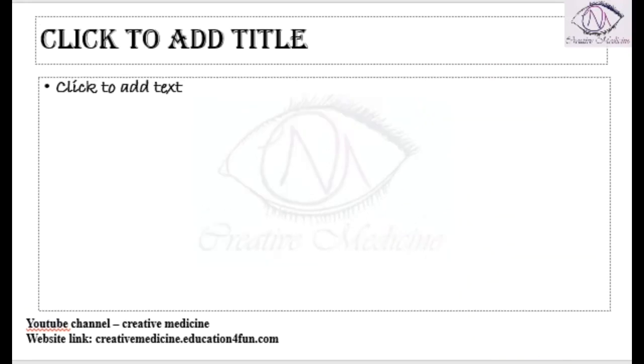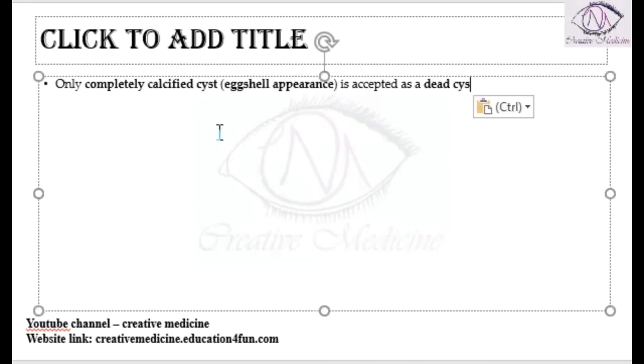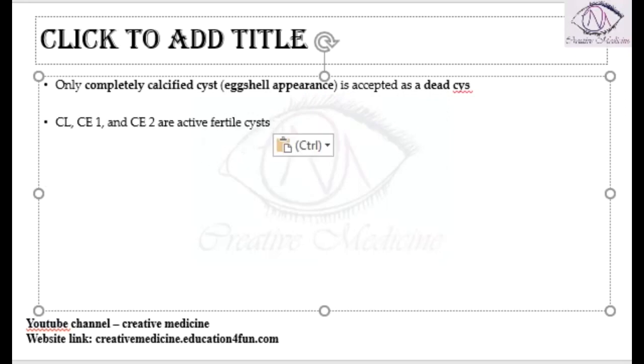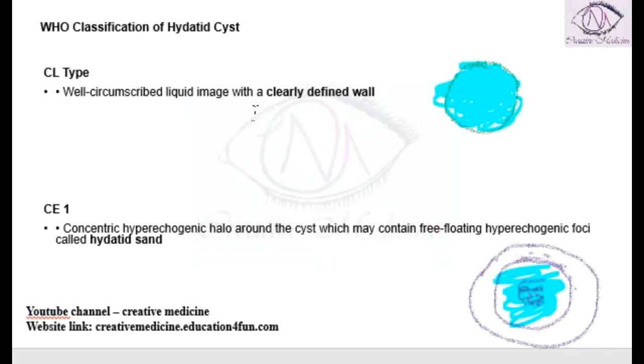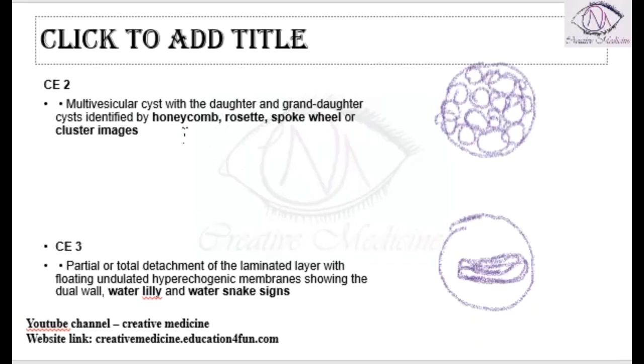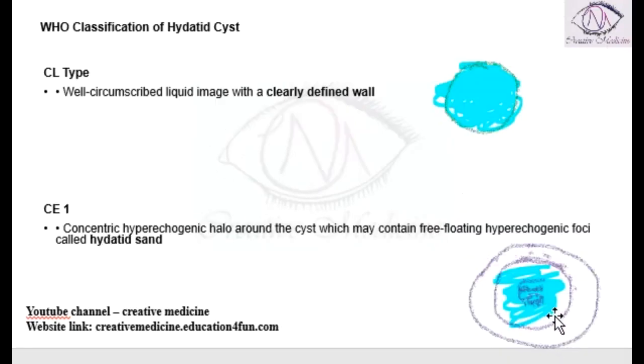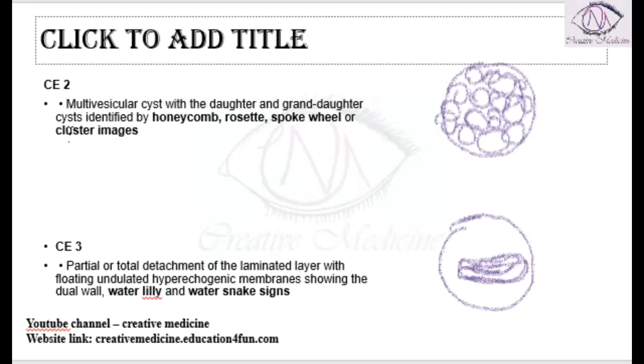Among all these, only a completely calcified cyst or eggshell appearance is accepted as a dead cyst. CL, CE1 and CE2 are active fertile cysts. CL contains a well-defined wall with a complete well image, CE1 contains good hydatid fluid with hydatid sand, whereas CE2 contains rosettes and daughter cysts.